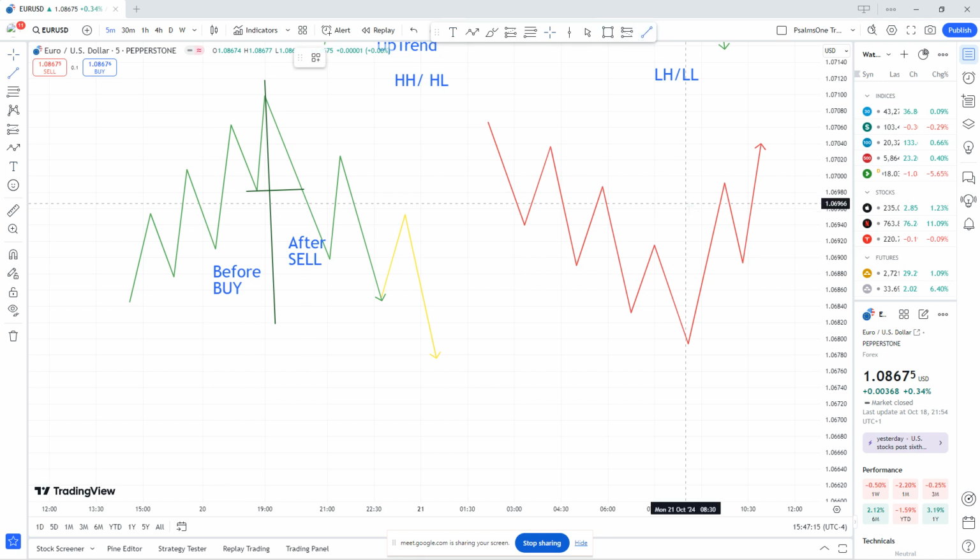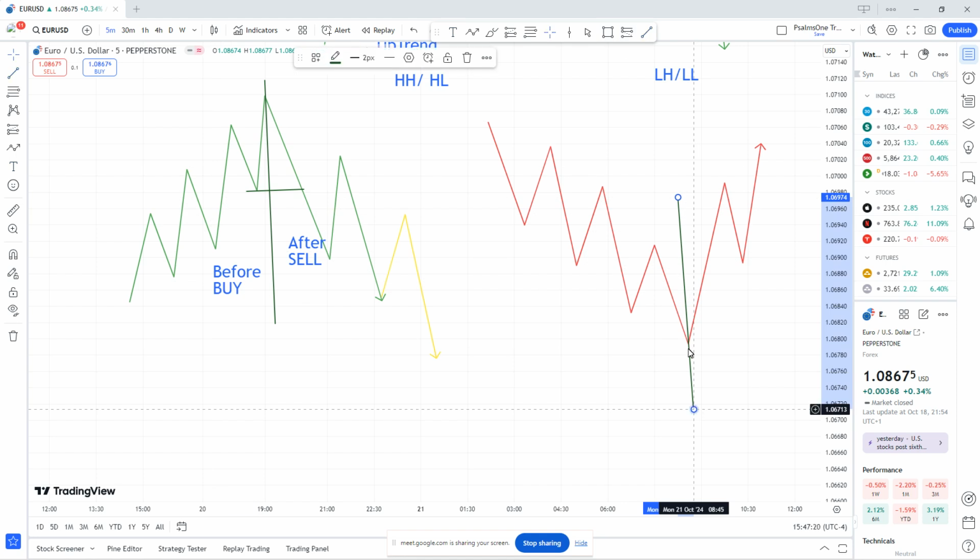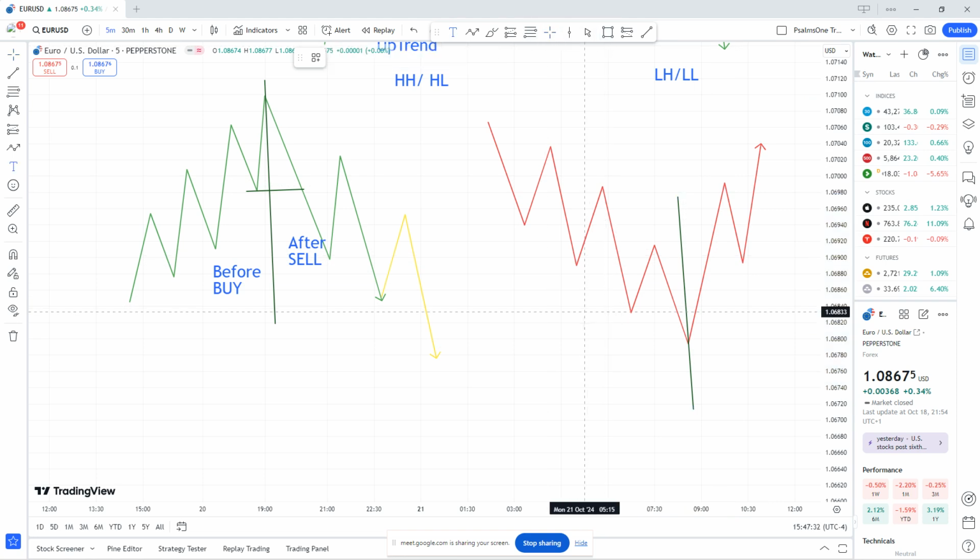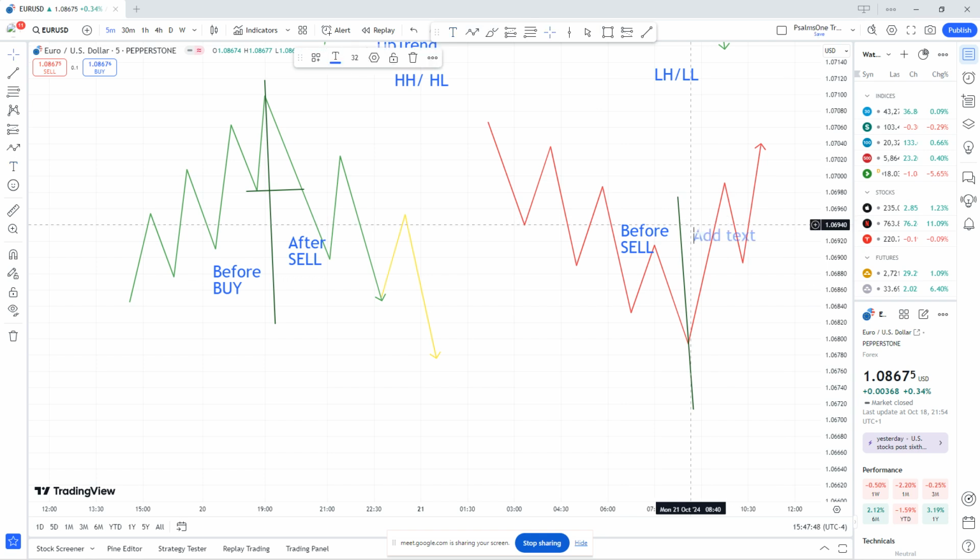And the same thing also for this. From here the market had a lower high, we now formed a higher high. So this is our before, then our after.